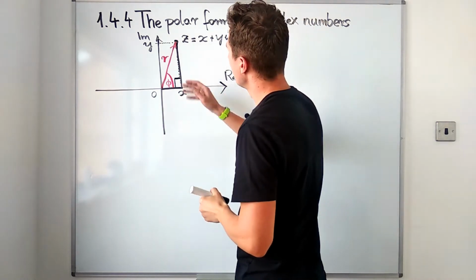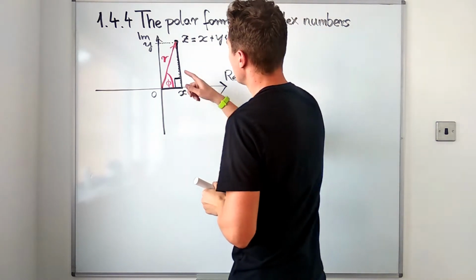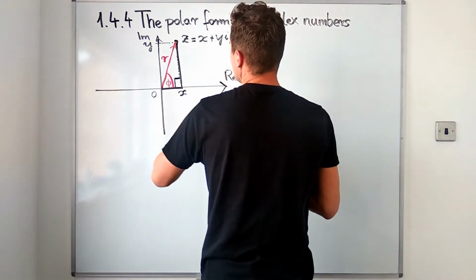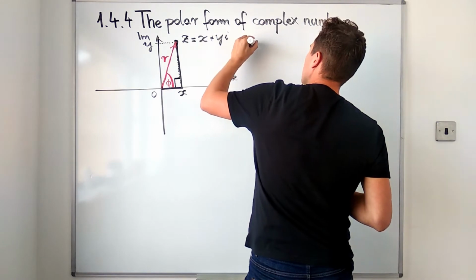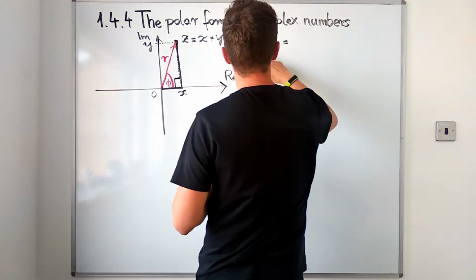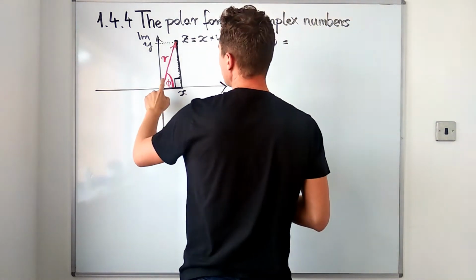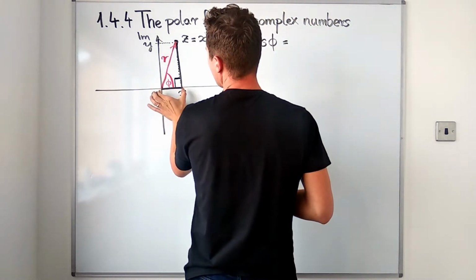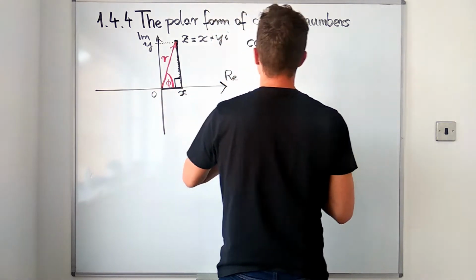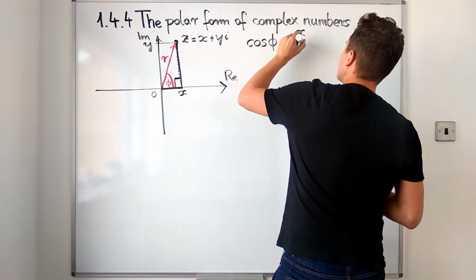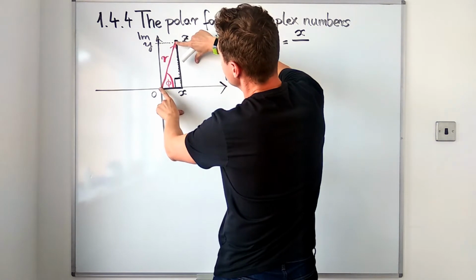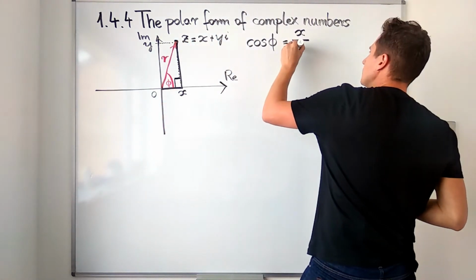Because if you remember your trigonometry, you would immediately write that the cosine of this angle phi would be the ratio of the length of the leg that is next to the angle, so that would be x, divided by the length of the hypotenuse of this right triangle, which is equal to r.